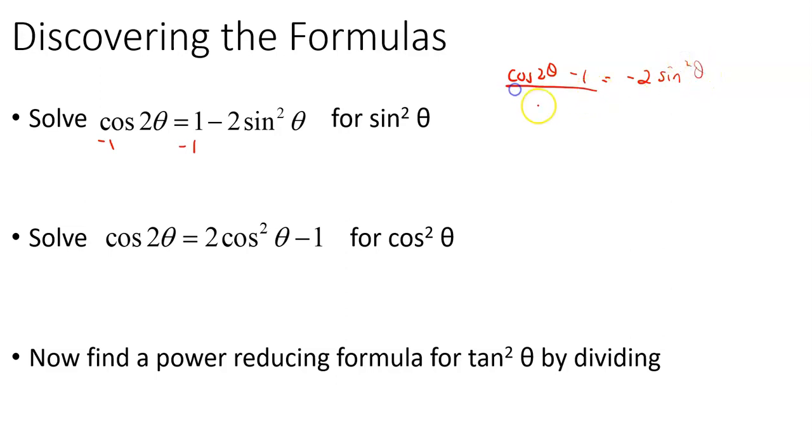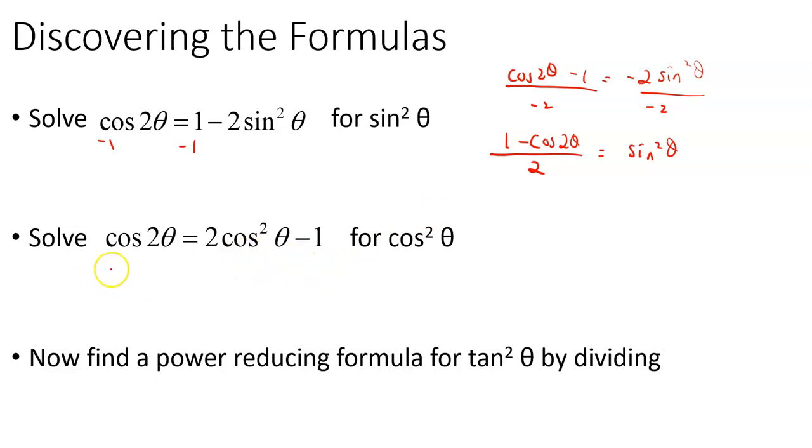And then divide everything through by negative 2. Well, dividing by negative 2 switches this around up here, right? It becomes a 1 minus cosine of 2 theta over 2 equals sine squared theta. So by doing that, we no longer have a squared term. We do have a cosine of 2 theta, but cosine of 2 theta is first degree, and that's nice.